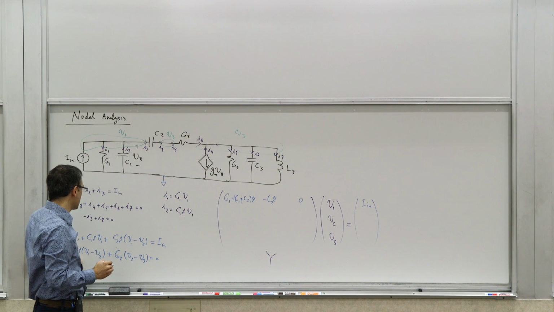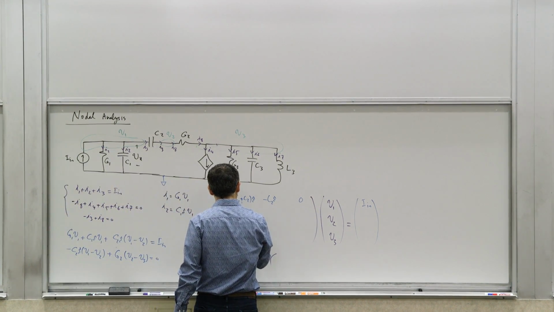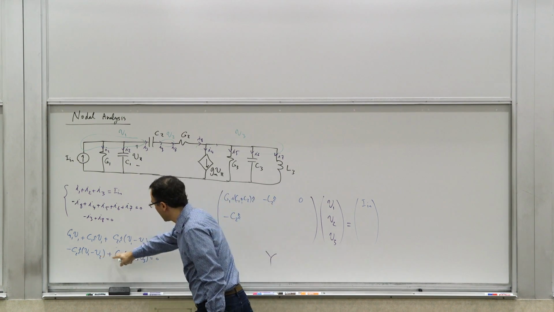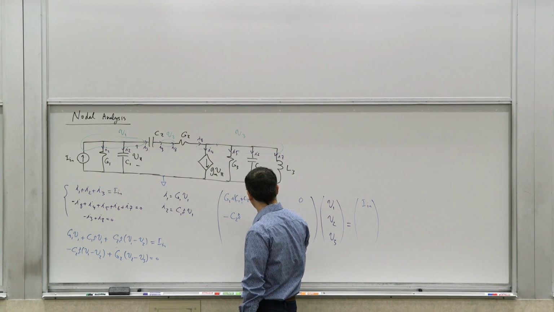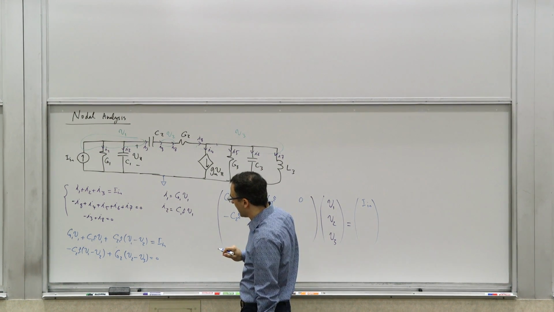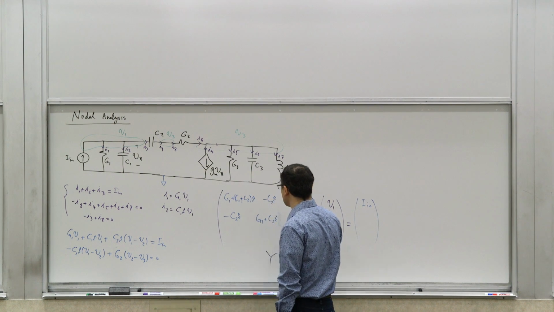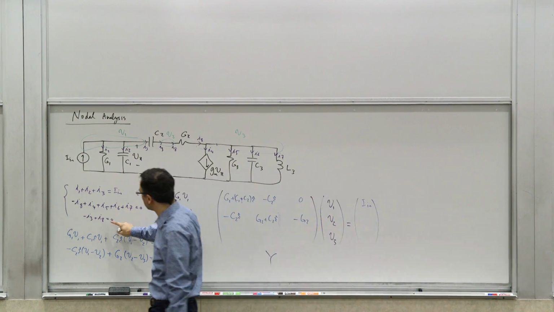So that would produce a term for V1 that's negative C2s. That would produce a term for V2, which is basically G2 plus C2s, right? And then you get a term for V3, which is negative G2 from that one. This is basically really this equation.